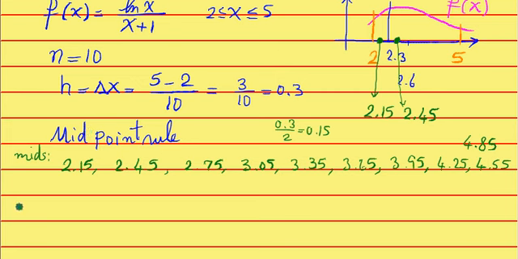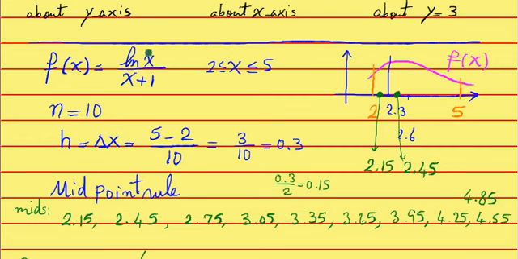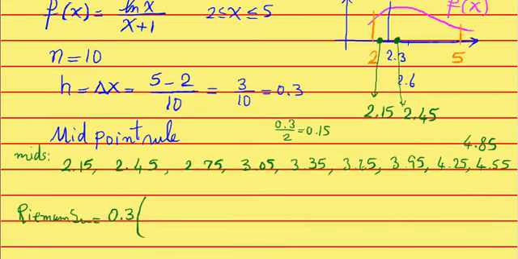So we are going to write the Riemann sum is going to be equal to size of any of these strips, the delta x is 0.3 times, now I have to take any of these points, plug it in the description of the function I have here, point in any of these things in that, evaluate that, add them all up and multiply by my delta x.